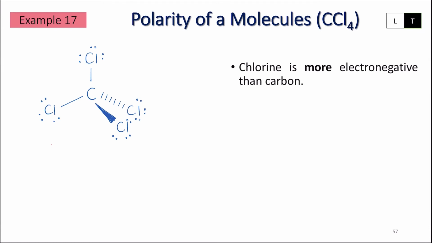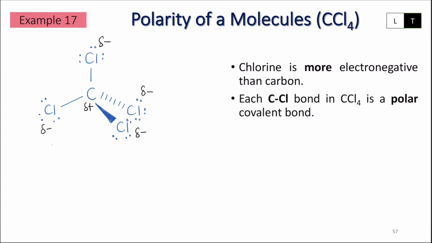Hence, saya boleh letak partial charge dekat sini for chlorine is partial negative untuk each chlorine. And then untuk carbon partial positive. Next, kita boleh faham dekat sini due to difference in electronegativity between carbon and chlorine. So this bond, CCl bond in CCl4 is polar covalent bond.